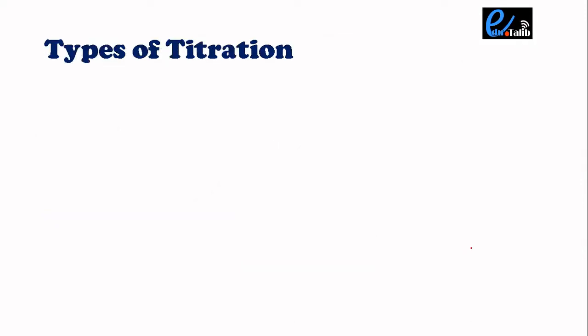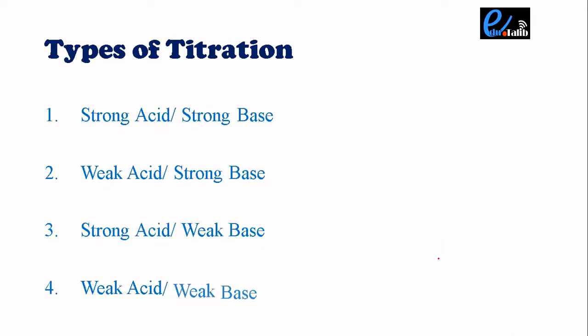Next, we have to understand the titration types. The titration may be categorized on the basis of the strength of the acid and the base. In each category, we only use one acid and one base for the titration.